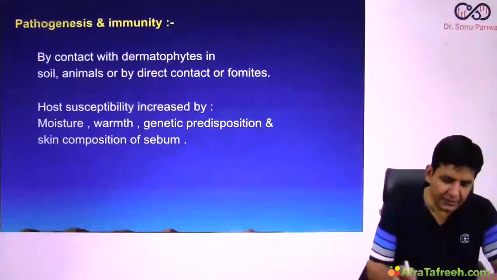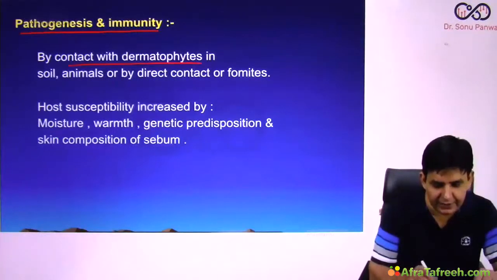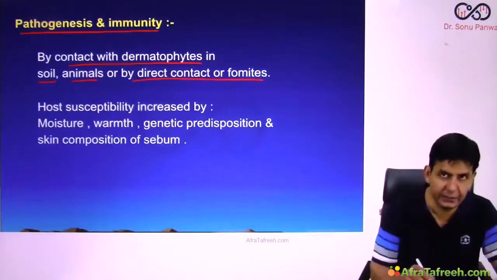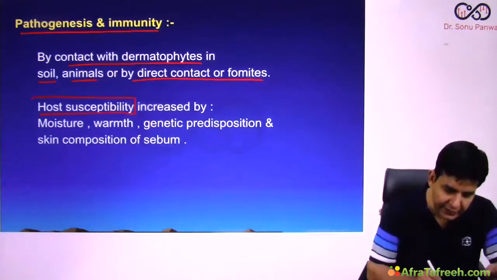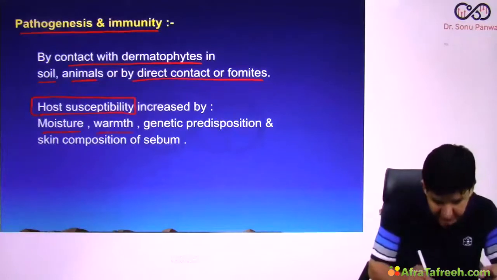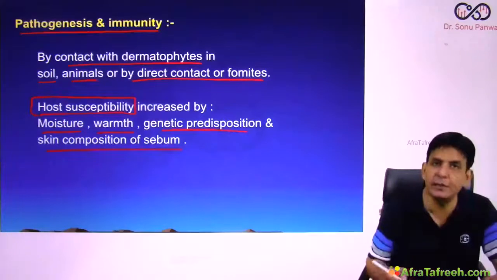Now, what are the pathogenesis and immunity concerned with it? By contact with the dermatophytes in the soil, animals, or by direct contact or fomites, the infection happens. How does the infection increase in a particular host? Mostly these dermatophyte infections happen by contact with the soil, animals, or direct contact of fomites. Another thing is host susceptibility, which is increased by moisture, warmth, genetic predisposition, and the skin composition of the sebum.